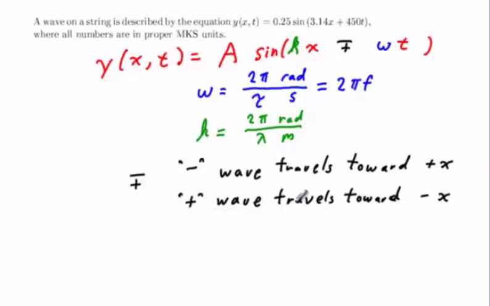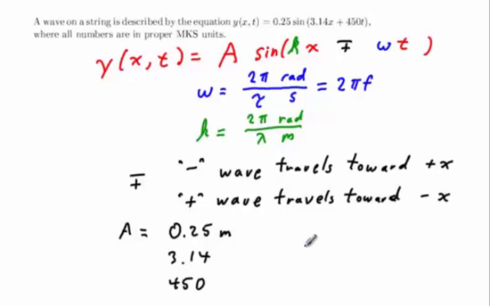Armed with this understanding, we can recognize what the 3 numbers we've been given in the original equation represent. These numbers are 0.25, 3.14, and 450. Since the 0.25 multiplies the sine function, we recognize immediately that that is the amplitude of the motion, and therefore is in meters.